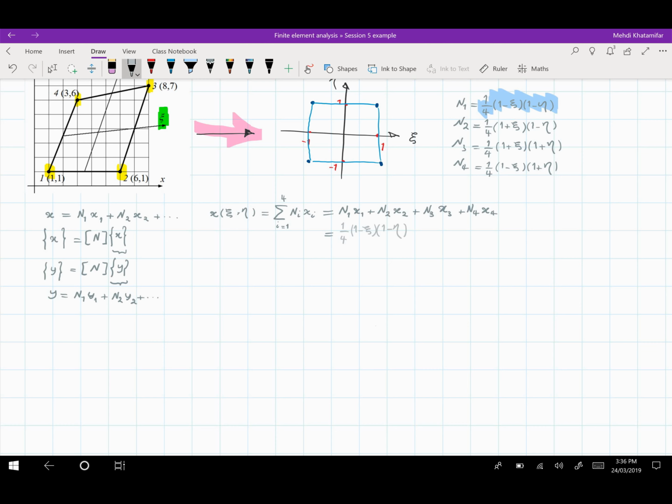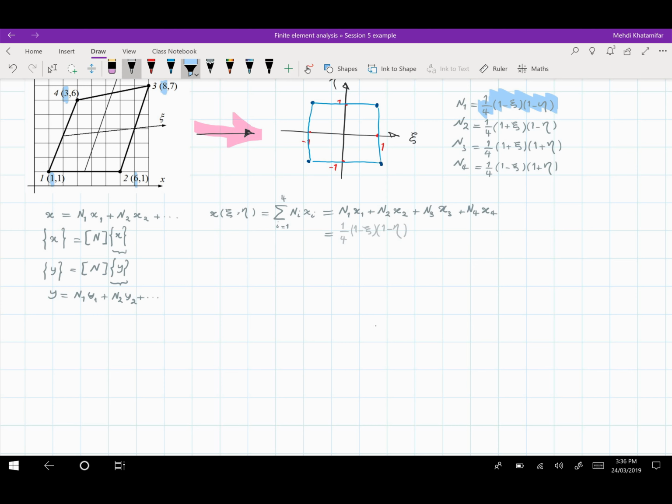Let's check what x1 is. x1 is going to be 1 here, x2 is going to be 6, x3 is going to be 8, and x4 is going to be 3.